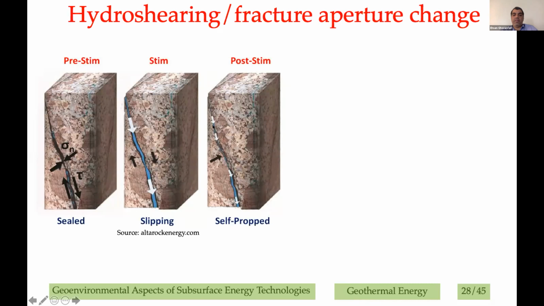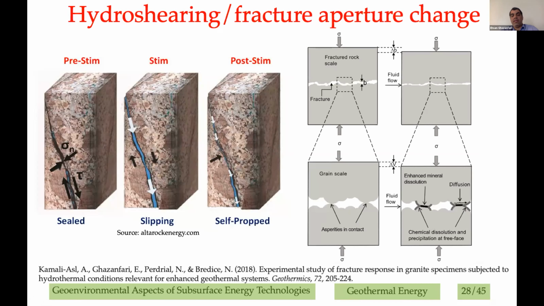Later, some of these natural fractures will stay open, and some of them will close. But in most EGS reservoirs, you also need to create new fractures to create pathways for the fluid to interact with the heat.